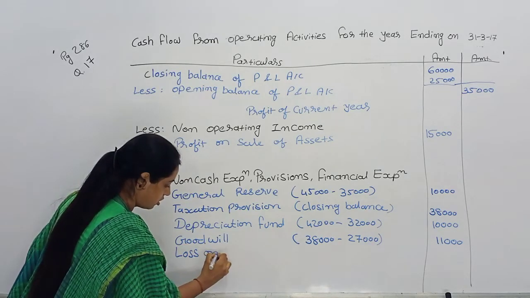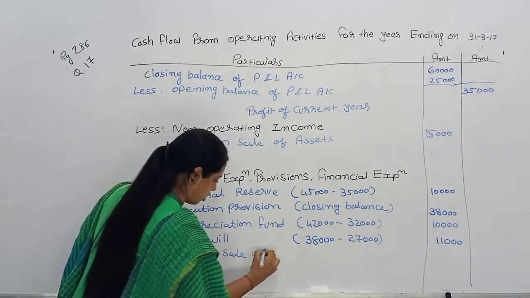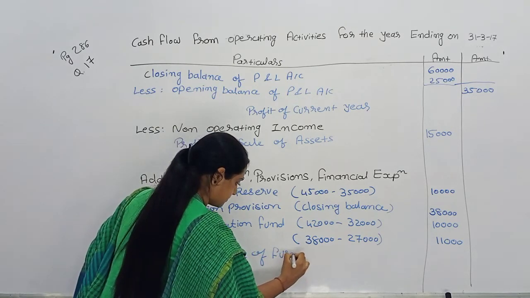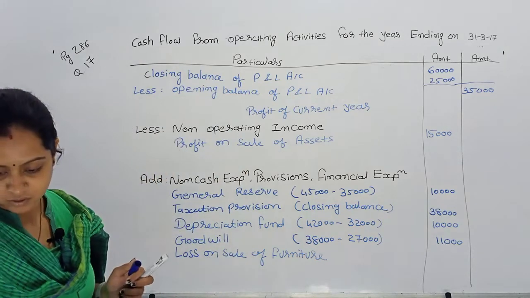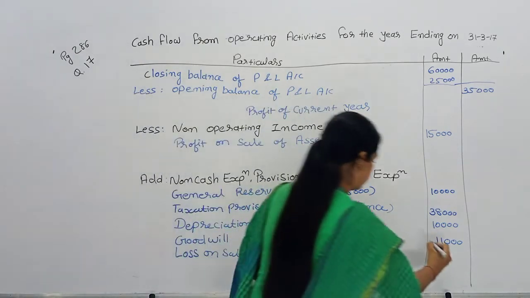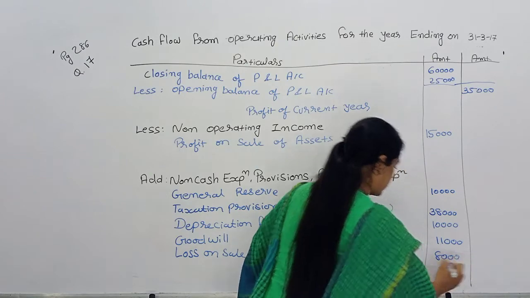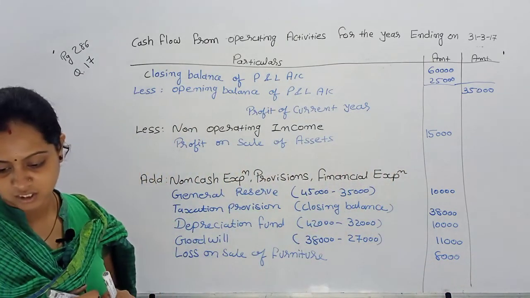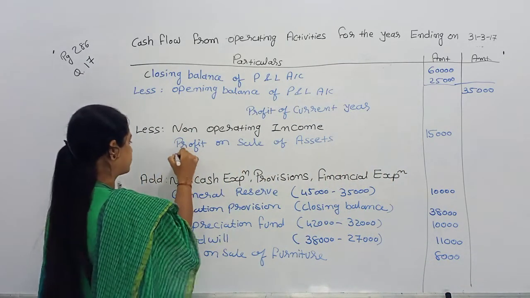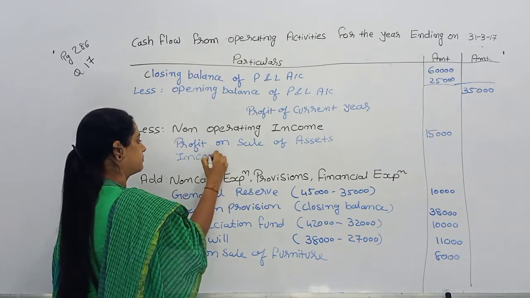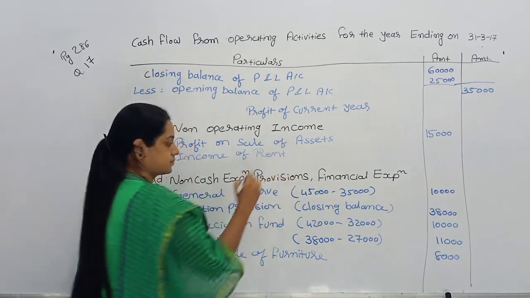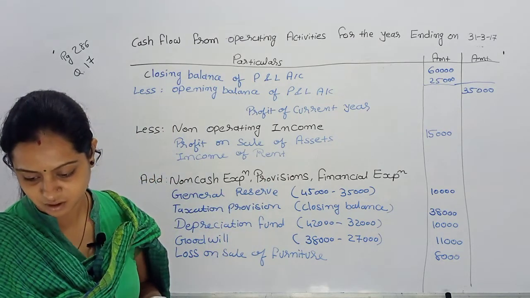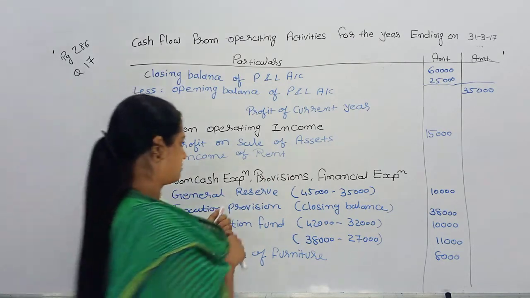Loss on sale of furniture, amount 8,000. Then income of rent, 48,000.